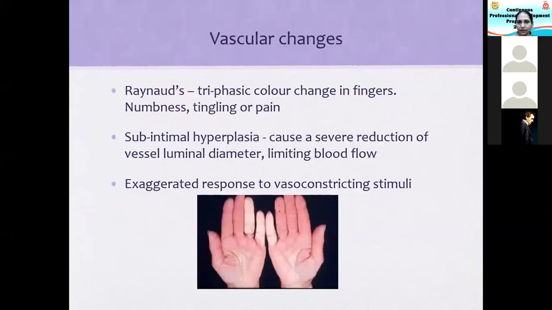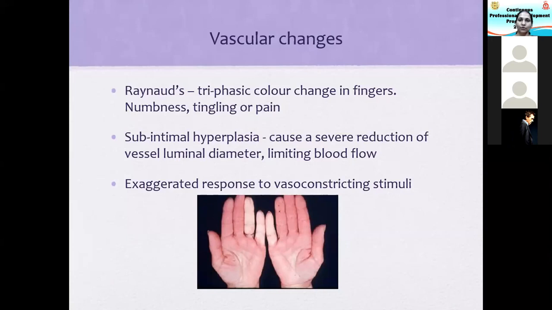Right, okay. The vascular changes that can occur with systemic sclerosis would be Raynaud's phenomenon. It's very important. These patients might come and tell you that their fingertips or fingers change color, becoming white on exposure to cold.